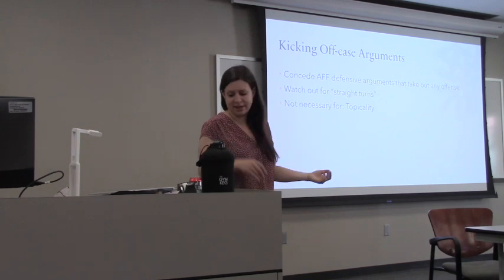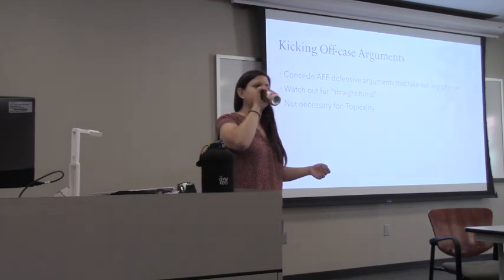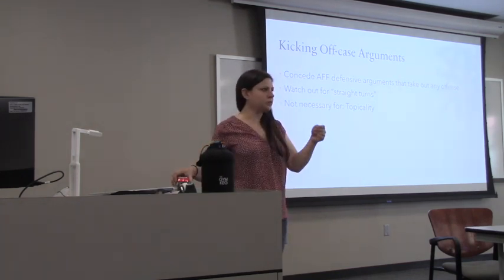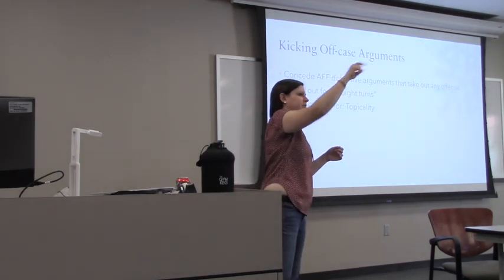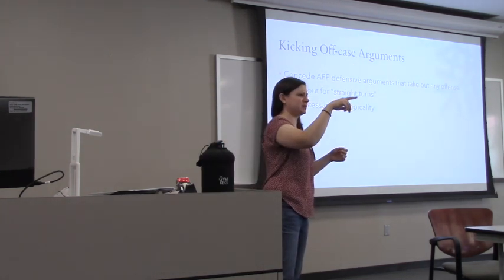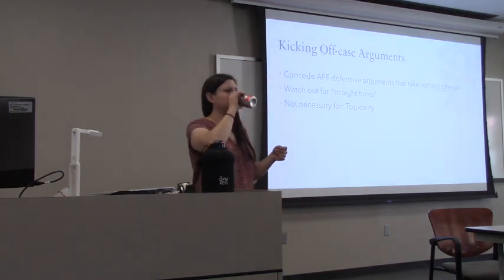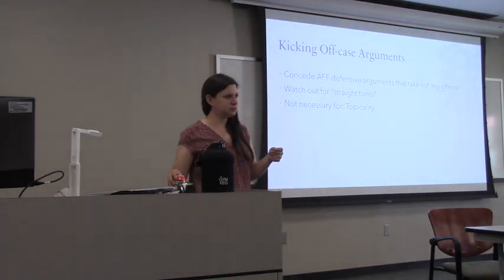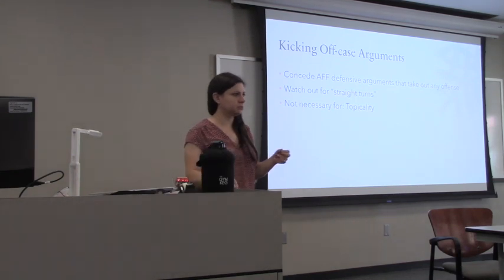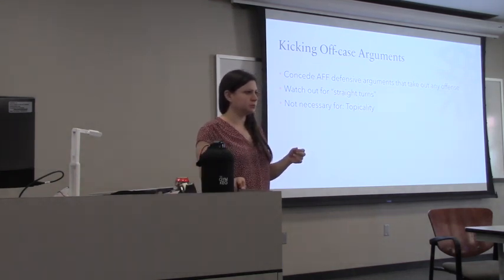Can anyone give me an example? Yes, over here. For example, if they read the impact turn and then the no link argument, then the negative can concede the link argument and the impact turn. Good.